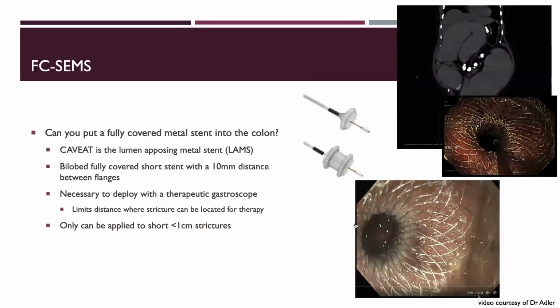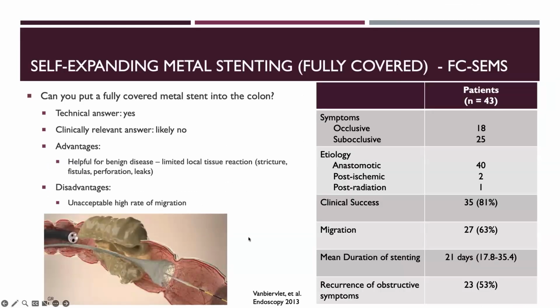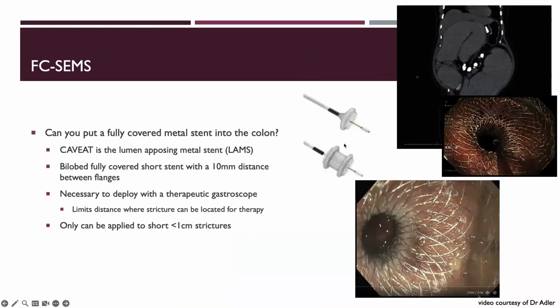And then we started developing this type of stent, which is called a LAMS, a lumen opposing metal stent. The fully covered stent looks like this the whole way through, one big diameter. The lumen opposing metal stent is a dumbbell.